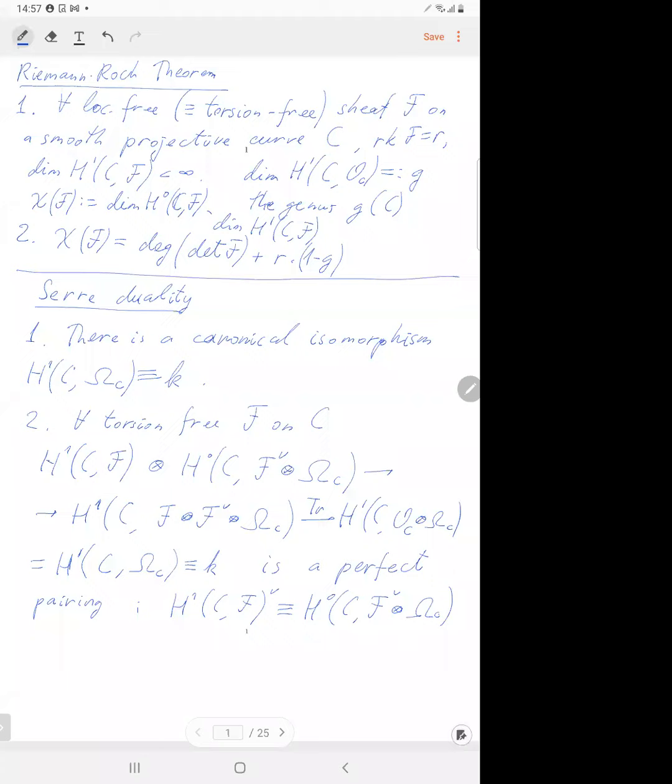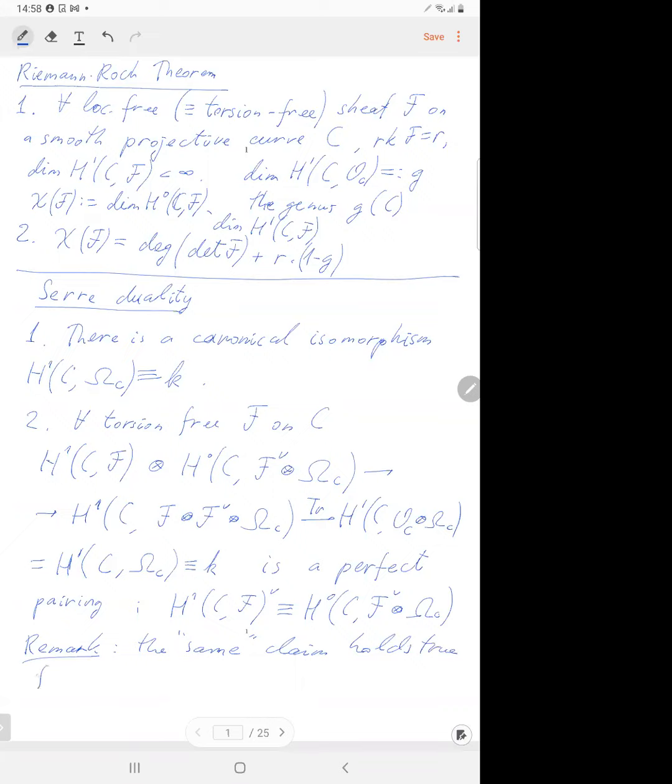Well, this is the statement of the duality theorem, and just let me make a remark.